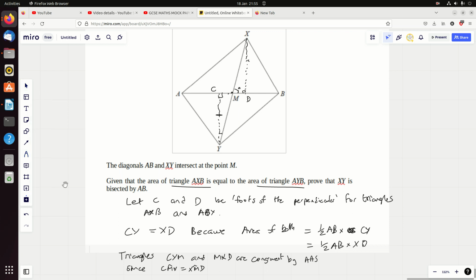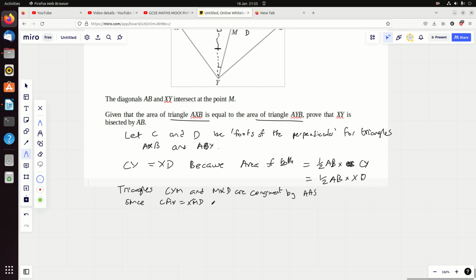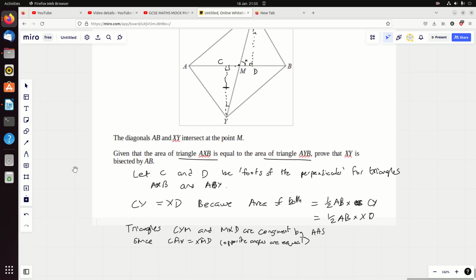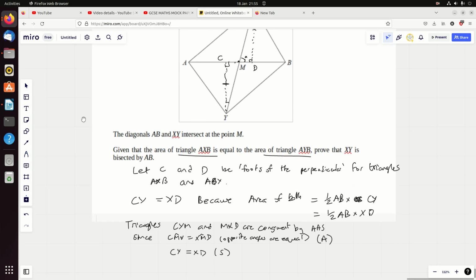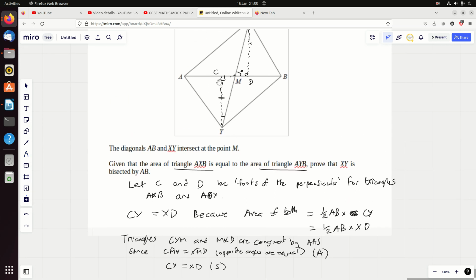You can justify that by pointing out opposite angles are equal. And then we just need the side. We already know that CY equals XD. That's the side. That's your angle. Now we just need one more angle, a corresponding angle, and we can use the right angles.